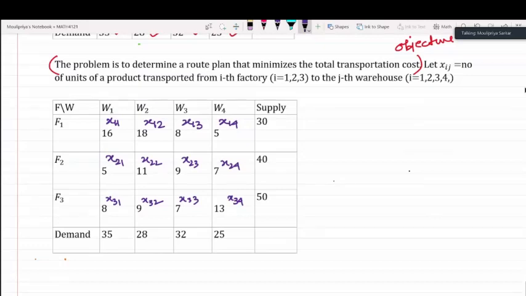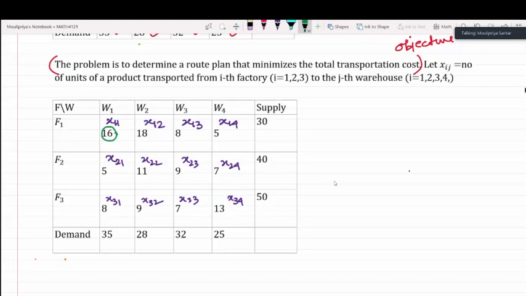This 16, if I put it inside a circle, is the cost of transporting a unit product from F1 to W1, and x11 is the number of units that is transported from F1 to W1. Am I okay with this? Yes, ma'am.